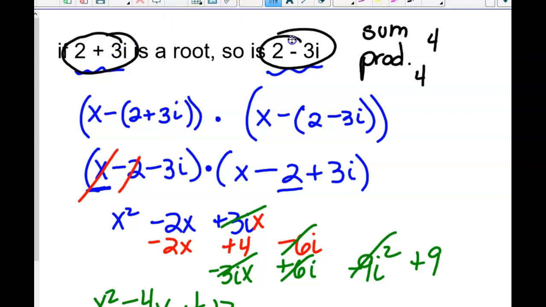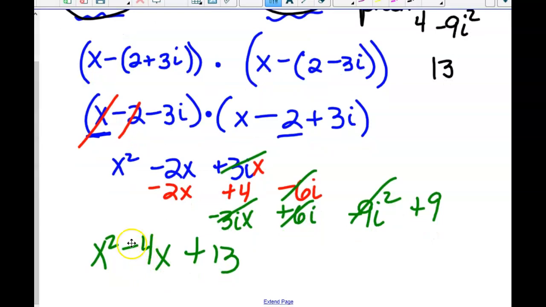I'll be left with a minus 9i squared. What is 4 minus 9i squared? 4 plus 9, which is 13. So then the rule is it's the opposite of the sum here and the product here. Is the shortcut easier? You can do this. You can FOIL them all out if you want, okay?